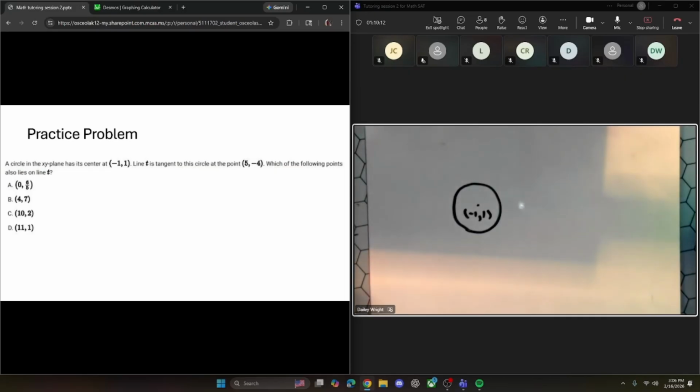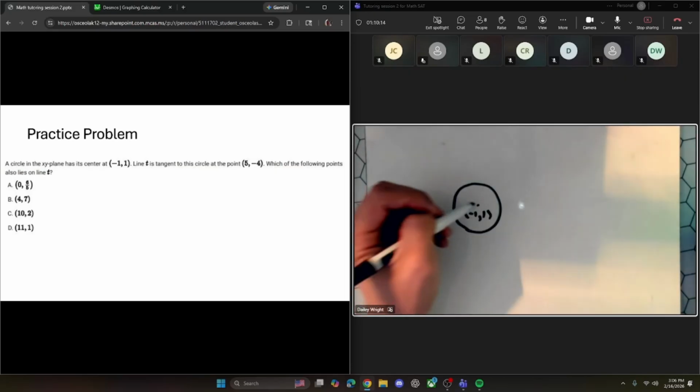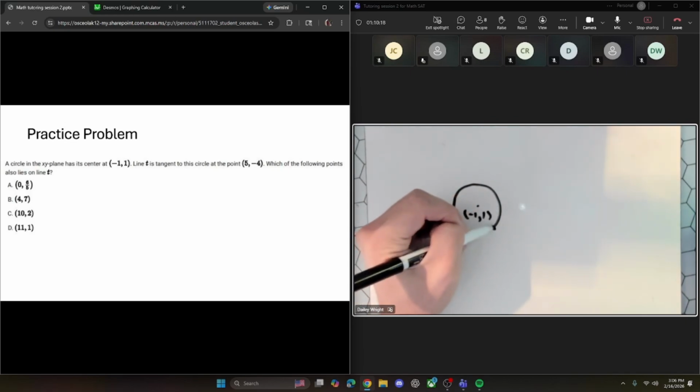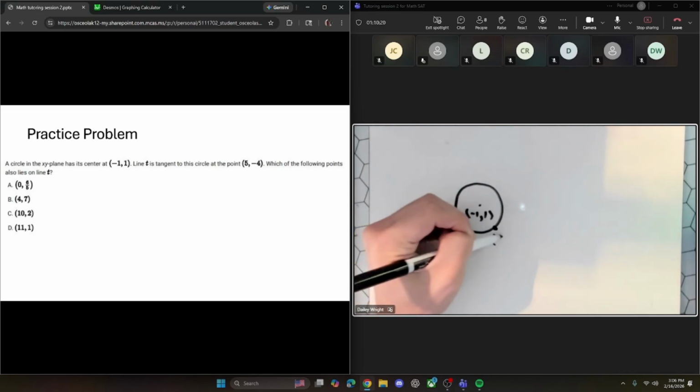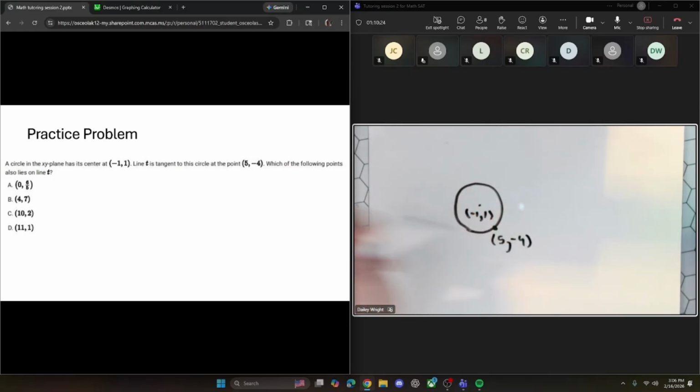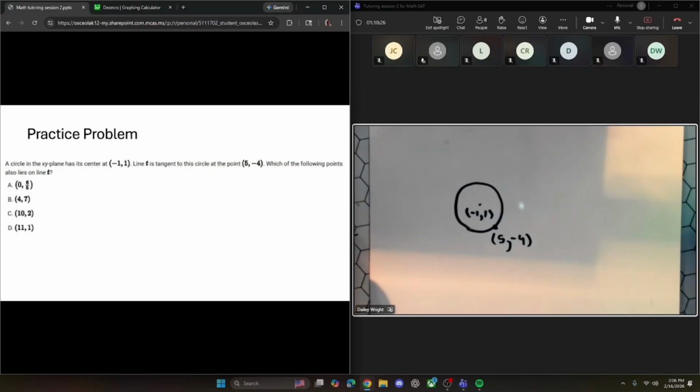And then you have a spot at (5, negative 4). And then it says line T is tangent to the circle at this point. And which of the following points also lies on line T?